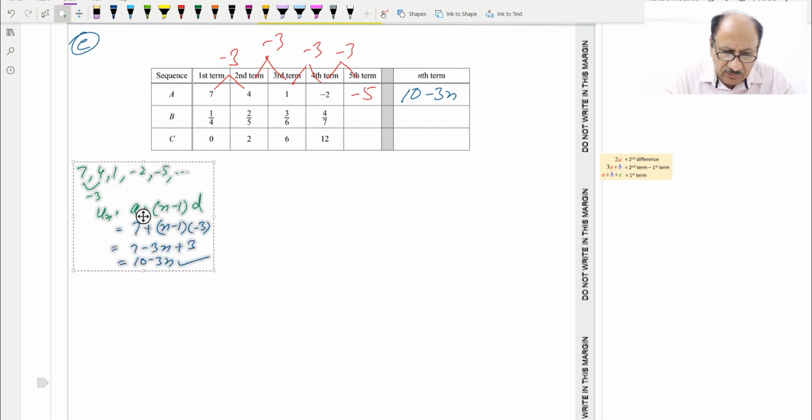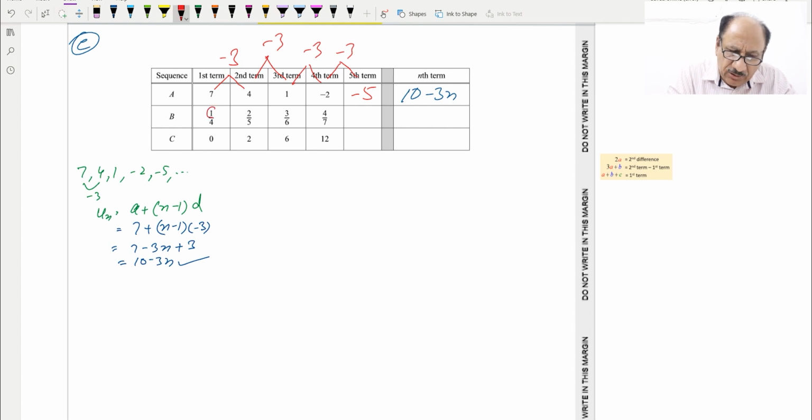Now we can check the next one, B. If we check B, the numerator is 1, 2, 3, 4, then 5, and the denominator is 4, 5, 6, 7, and it will be 8 as the denominator. So the numerator will be n, and for the denominator we can write 4, 5, 6, 7, 8, and so on.